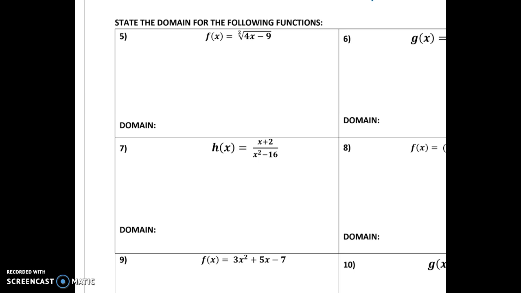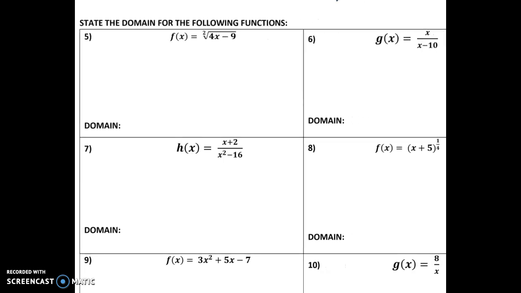So the idea is, what numbers, if I had to make a t-chart, would I pick? So the issue here is we have a square root, and inside the square root, we can only take the square root of 0 or higher, positive numbers. So I told my students, what you do is you take what's inside the radical, and to show that the math that we're going to do is going to be 0 or higher, we write greater than or equal to 0.